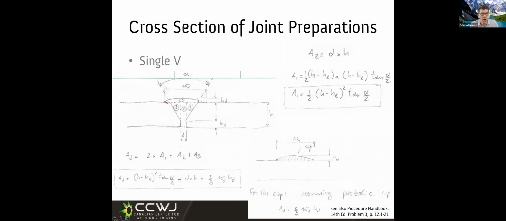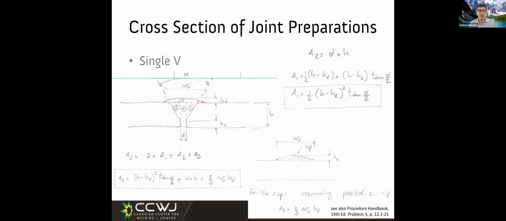And let's talk about the top here. This is super interesting. The cap pass depends on the welder, depends on so many things. Some people say, hey, I'm going to consider this a segment of a circle. Yeah, why not? It's reasonable.